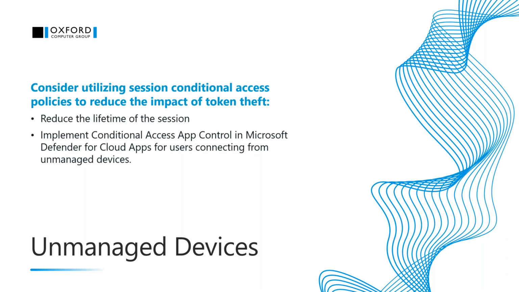For example, you can have a policy that prevents download of data when they're on an unmanaged device and they are accessing a SharePoint site, or if you've integrated a third-party cloud storage solution like Box or Dropbox, you can also do that with Defender for Cloud Apps, where they can view information, but as soon as they try to download any information, they're prevented from doing so.